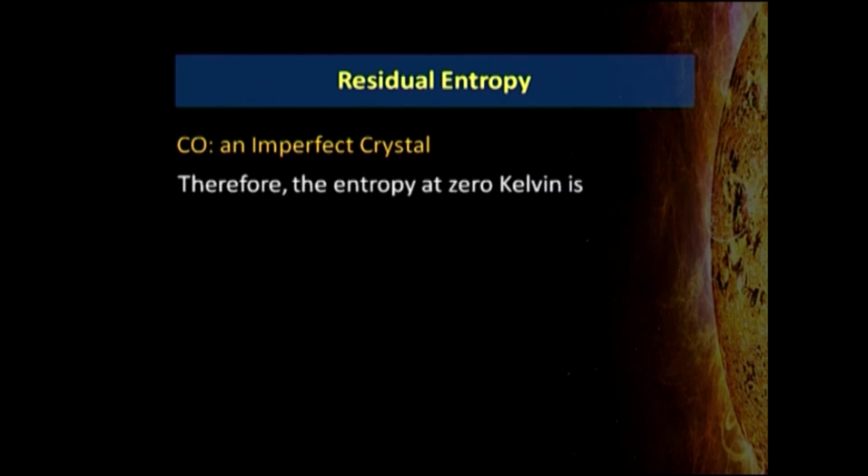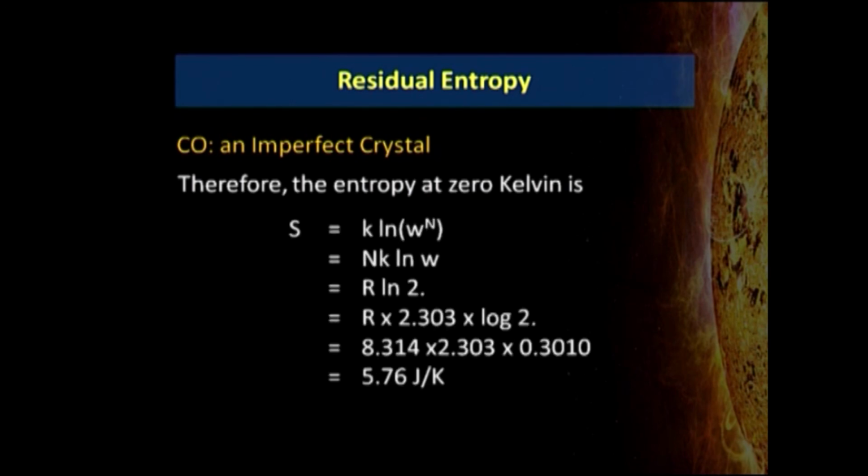Therefore, the entropy at 0 Kelvin is equal to k natural log W to the power n, which is equal to n k natural log W. As k is equal to R upon n, therefore, we have S is equal to R natural log 2, and putting the values of R and natural log 2, we will get S, that is entropy, equal to 5.76 joules per Kelvin.